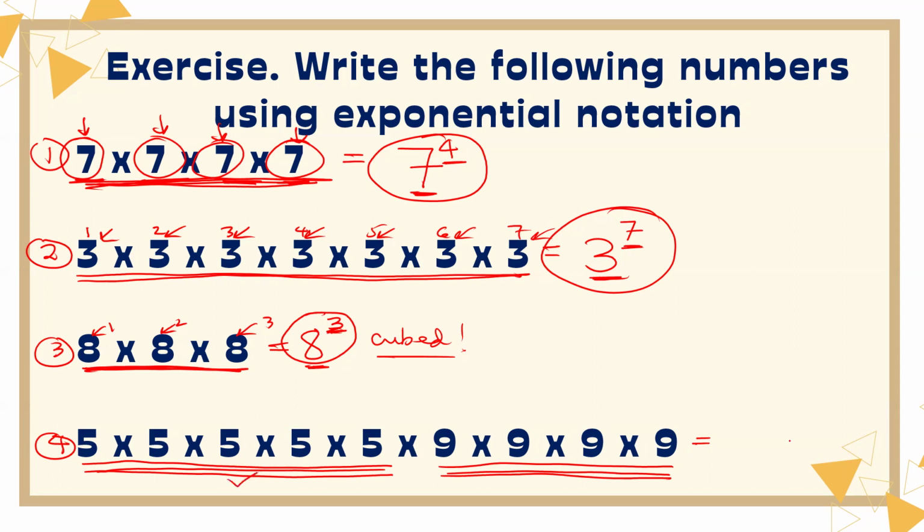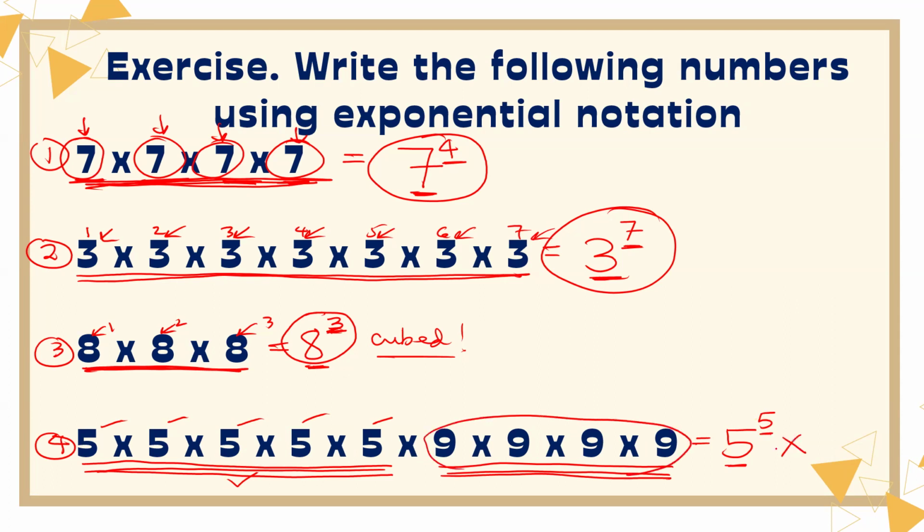Very good. That would be 5. And then how many 5s are there? You have 1, 2, 3, 4, 5. Very good. So that would be 5 raised to the fifth power. So the base is 5 and 5 would be the exponent. What happens to the nines here?